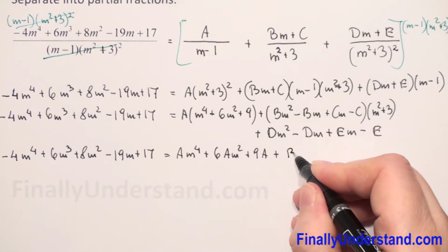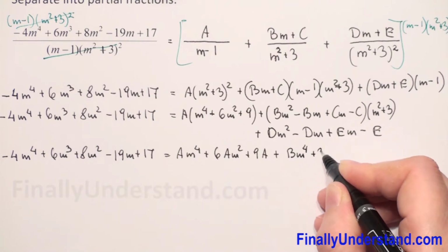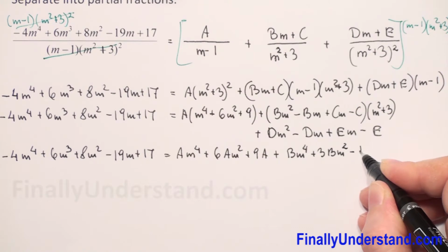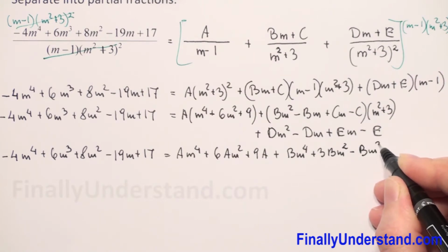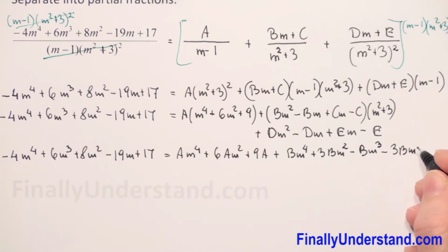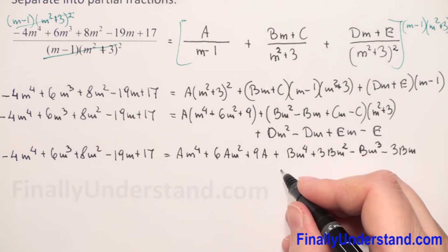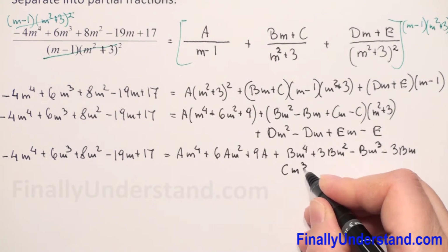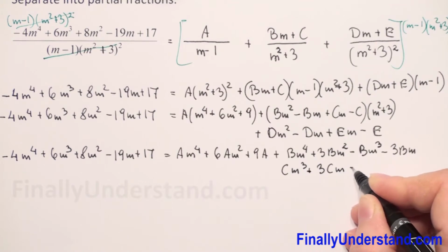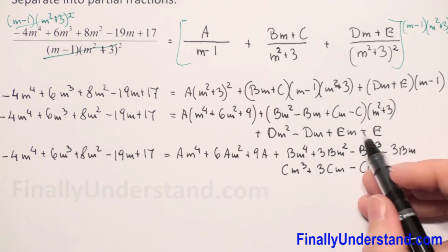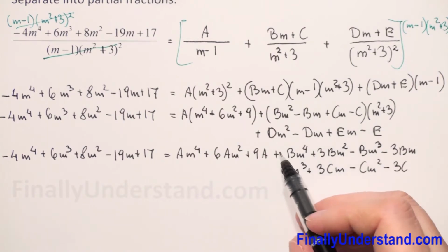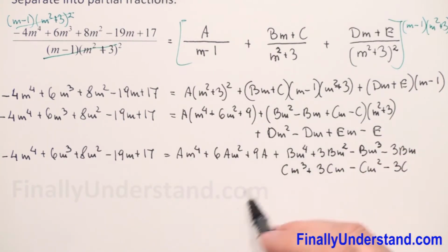So it will be bn to the 4th power plus 3bn squared minus bn cubed minus 3bn, and now cn cubed plus 3cn minus cn squared and minus 3c, and don't forget we have to rewrite the rest.